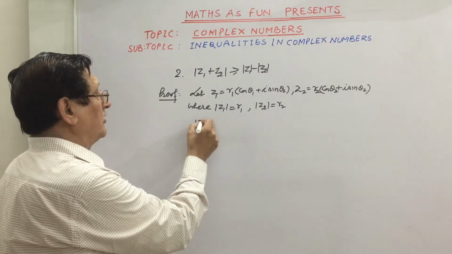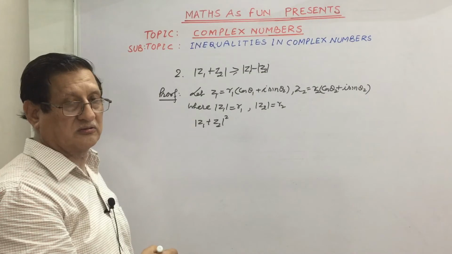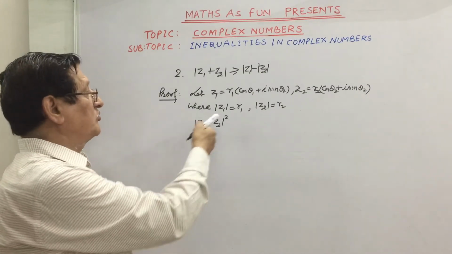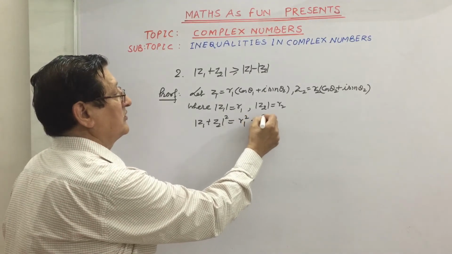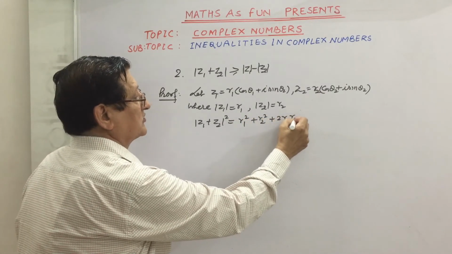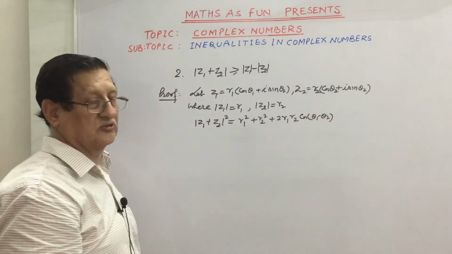We have seen just now that the square of |z1 + z2| is given by r1 square + r2 square + 2r1r2 cos(θ1 − θ2). So we can use the same here.